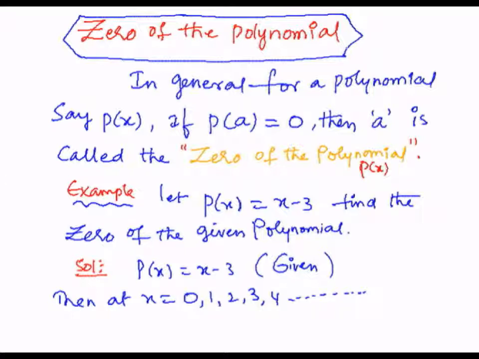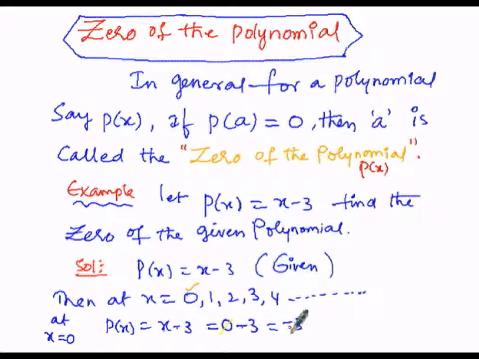Then here in the first case, at x is equal to 0, I am going to substitute x equals 0. The polynomial p of x is equal to x minus 3, that is equal to, x must be replaced by 0, so in the place of x I am going to write 0, then minus 3 kept as it is. So we can strike off this 0 since it does not have any value, then that is equal to minus 3.